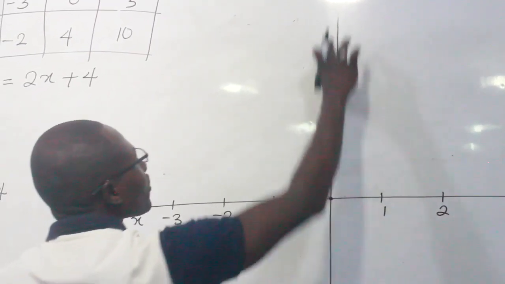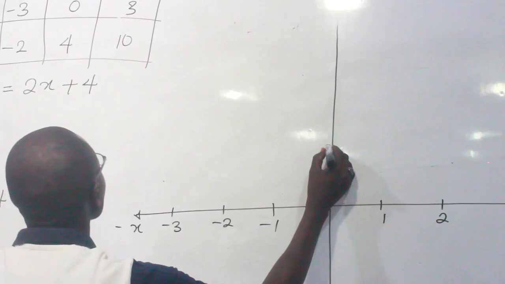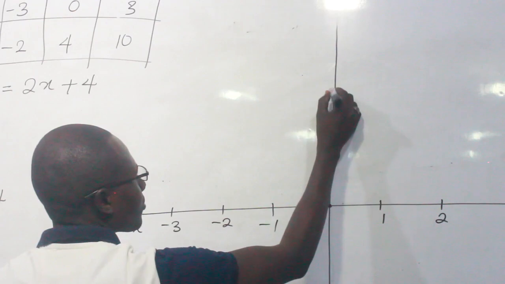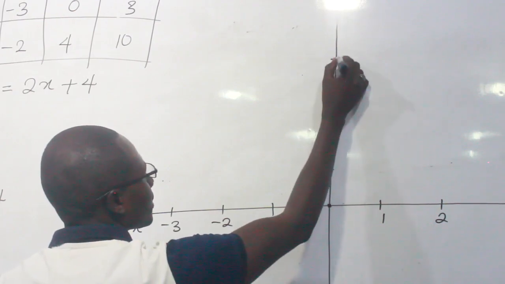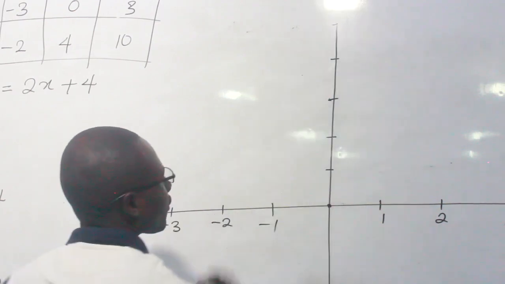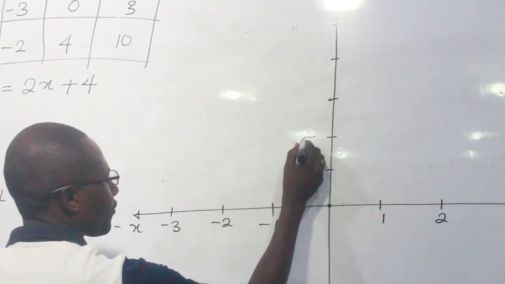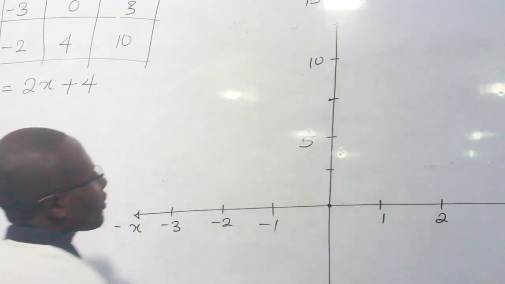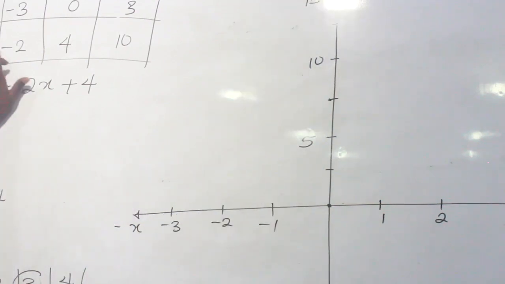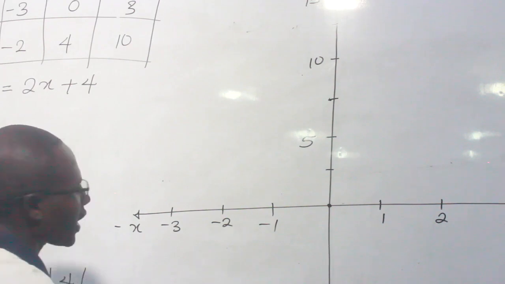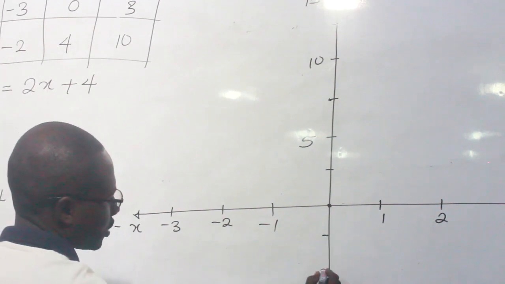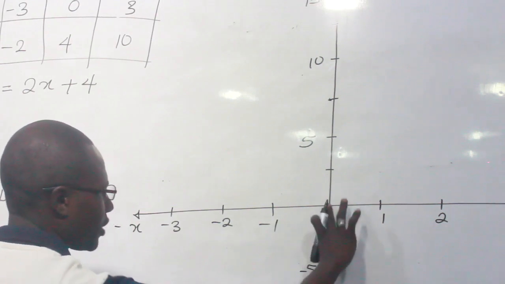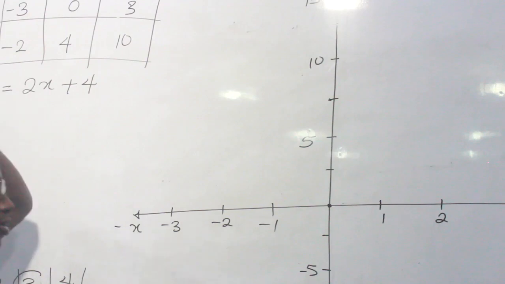Now, from here to here, let's assume this is 5, 10, this is 15, this is 5, 10, and this is 15. And the lowest value is minus 2. So this is minus 5, minus 10. I believe this will accommodate minus 2.